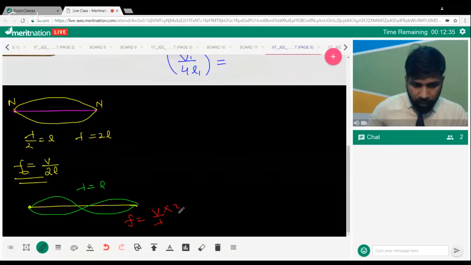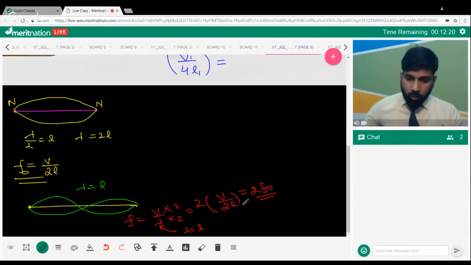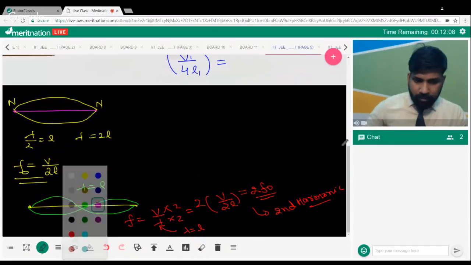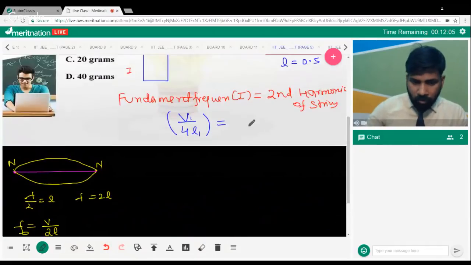We can multiply and divide by 2, so this is 2 times V by 2L, because here lambda is equal to L. So now I can say that this is 2 times the fundamental frequency, because V by 2L is F naught. So this is our second harmonic. It means for a string, the second harmonic is 2F naught, or 2 into V by 2L, but this should be V2 and L2.